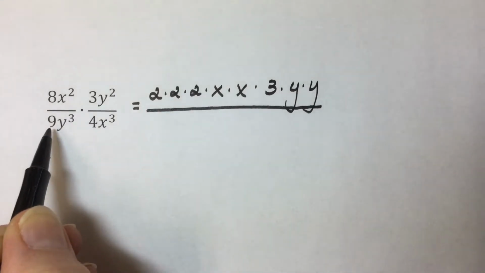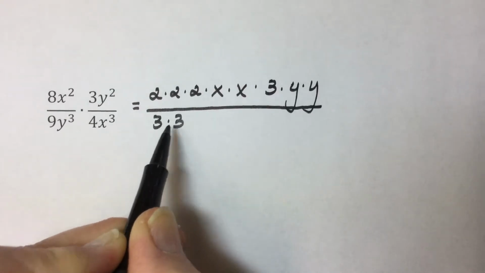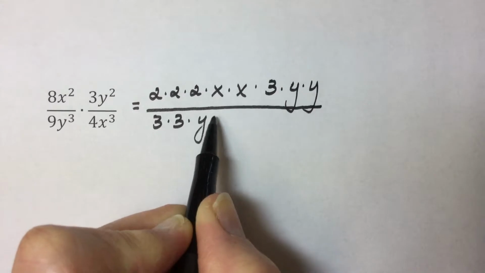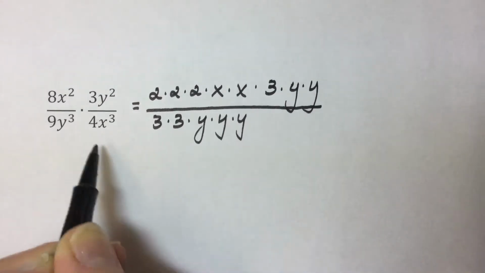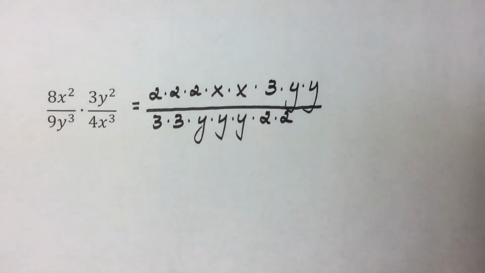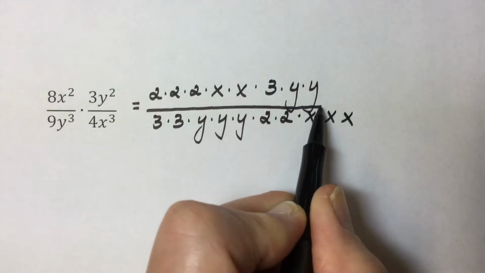In the denominator, prime factorization, we have 3 times 3 for our 9, followed by 3 y's. 4 breaks down into a prime factorization of 2 times 2, followed by 3 x's.